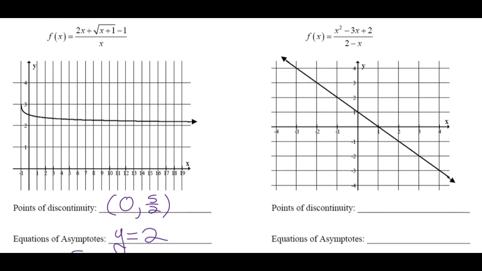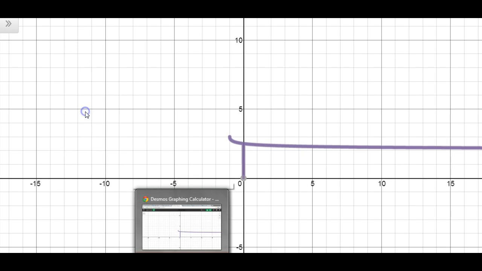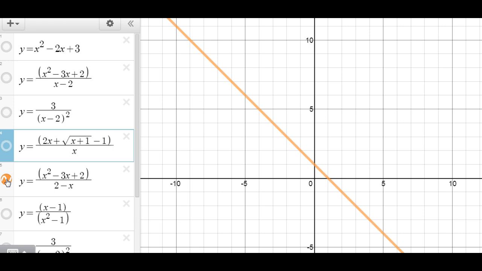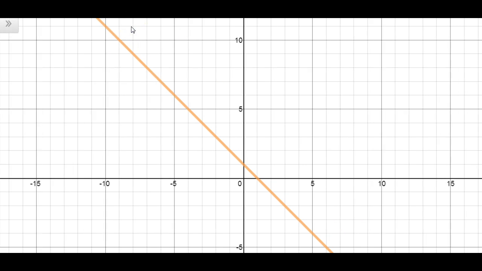I don't get it. x squared minus 3x plus 2 over 2 minus x. Did I graph that? Yeah, I did. So that's this one. Looks nice, but we know that's not the true story. What's happening here? At 2, it's undefined.